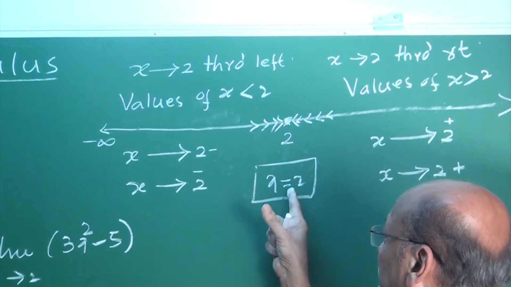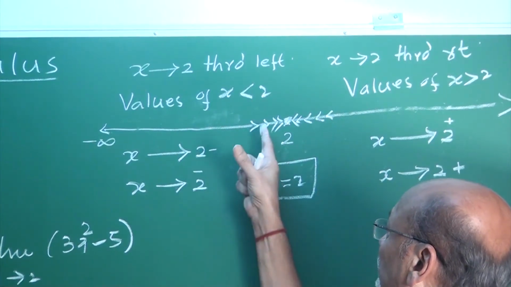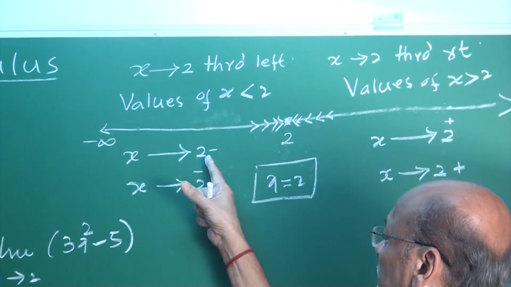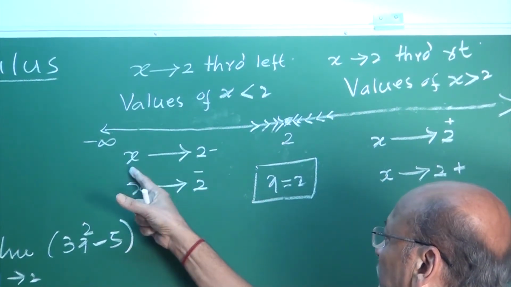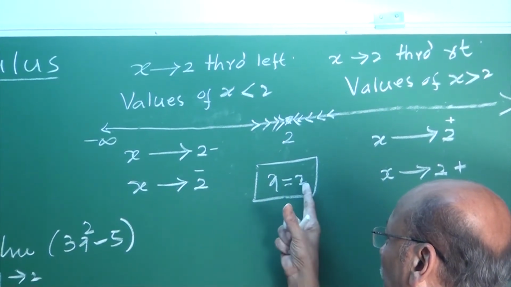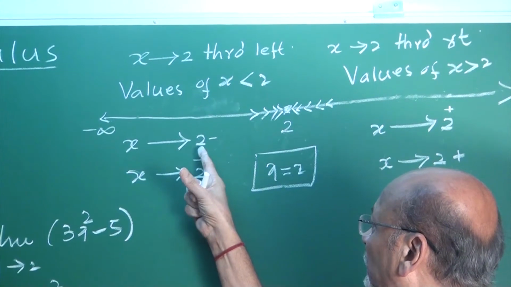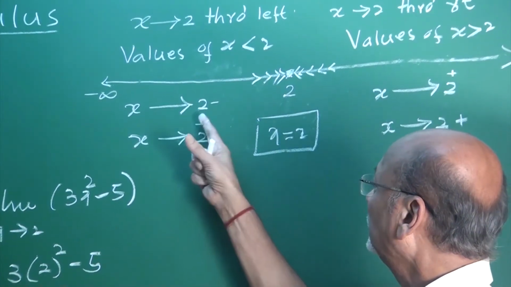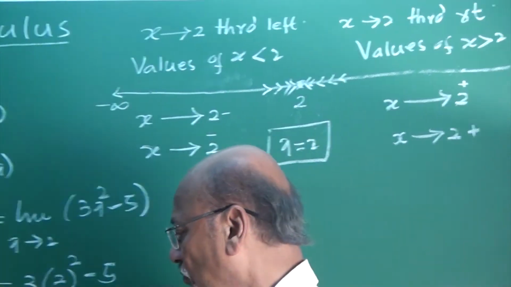This 2 is the exact value; tends to is the limiting value. The exact value of x is 2. The limiting value of x is 2, either less or bigger. Limiting values means there exist more values.